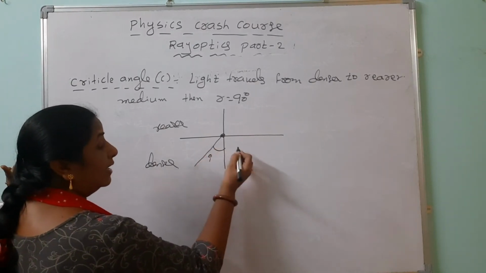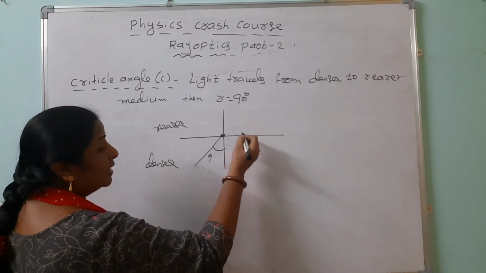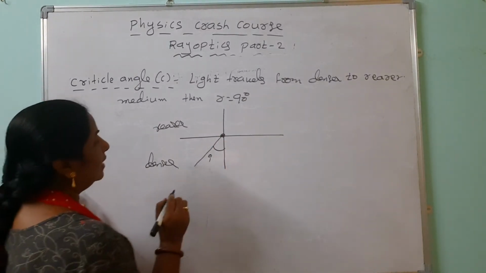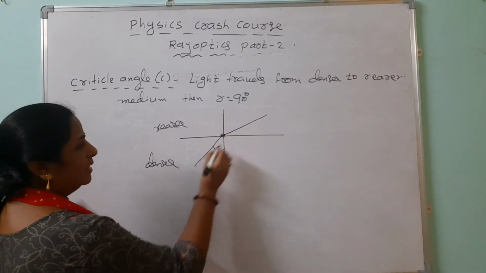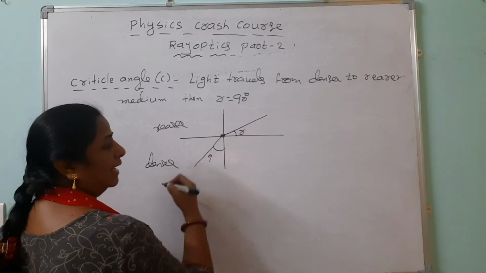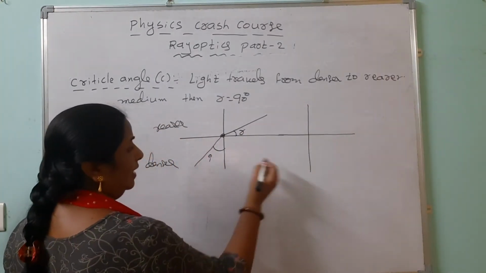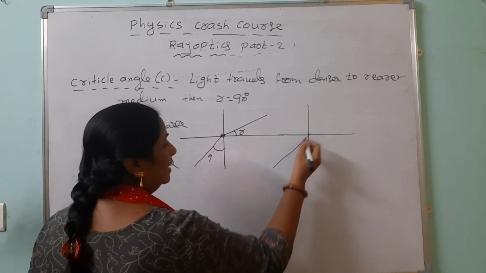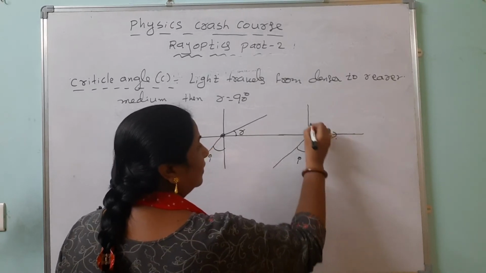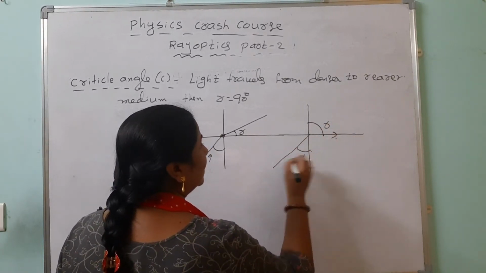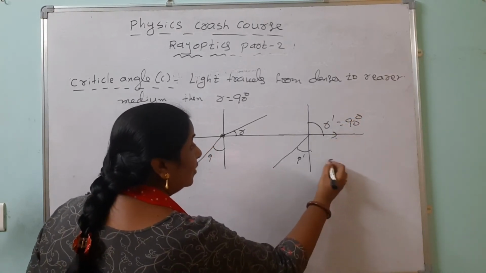For a particular angle of incidence, it bends. When light travels from a denser medium to a rarer medium, it bends away from the normal. So this is the angle of incidence and this is the angle of refraction. In the second case, this is the normal. Now the angle of incidence is i, but the refraction is like this. Here you can take i dash, this is r dash, and this is 90 degrees. So here what do you say?